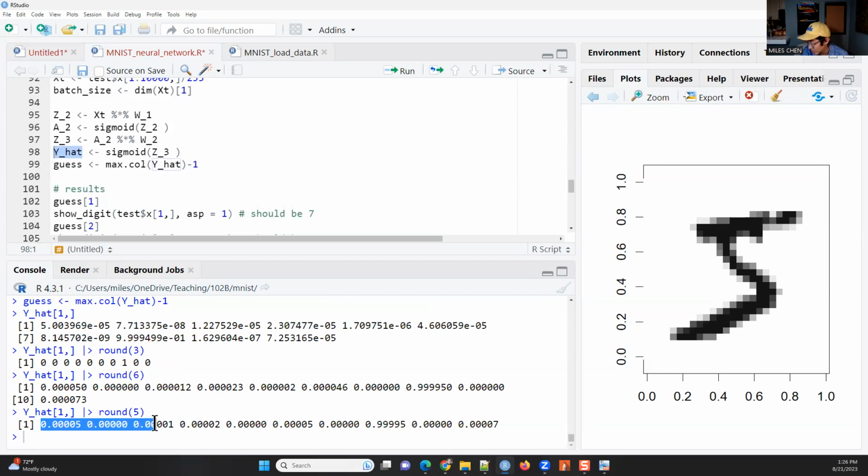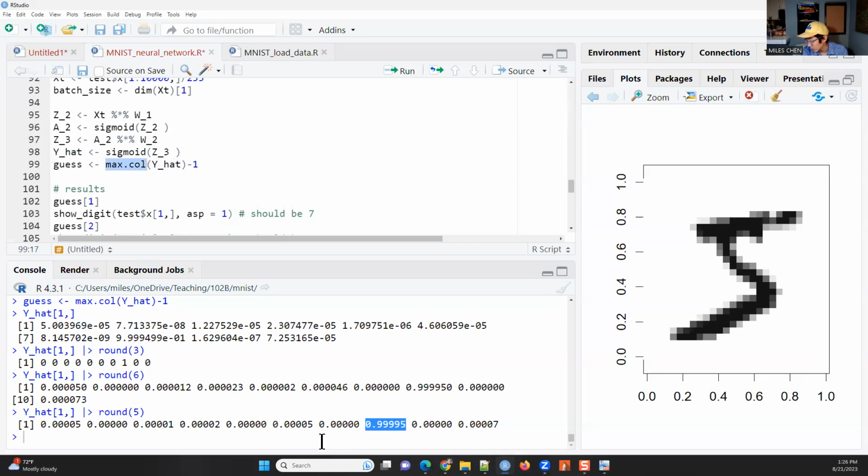We have 0, 0, something very close to 0, 0.00005, 0.00000, 0.00001, and then we have one thing at 0.9995. So this corresponds to digit 7. The first digit, we're hoping, should be a 7. Basically I said, give me which column in here is the maximum, and here's the 8th column, and this corresponds to digit 7.